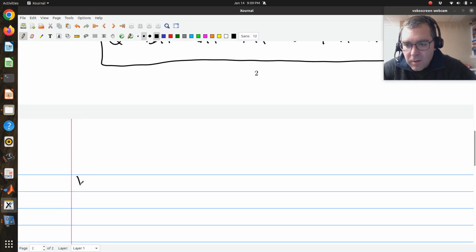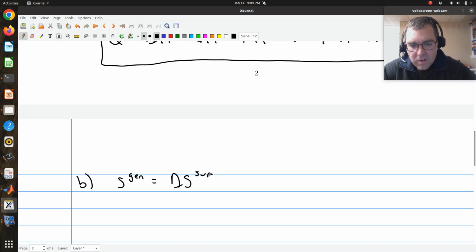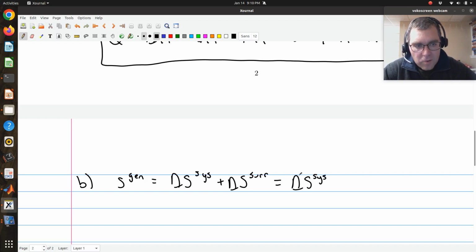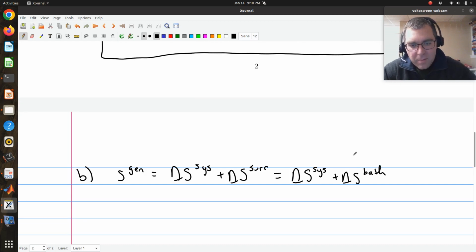Well, my entropy generation is going to be equal to the change in entropy, so delta S of my system, plus delta S of my surroundings, where if I assume that my heat interactions are with the bath, then delta S of surroundings is equivalent to delta S of the bath.